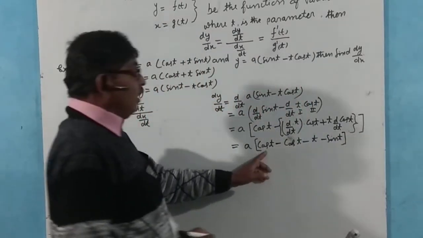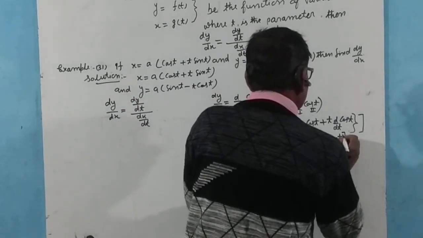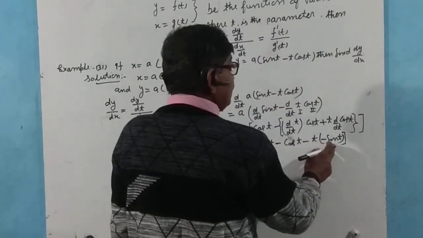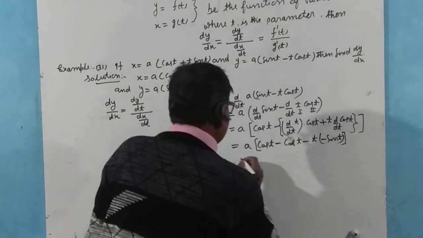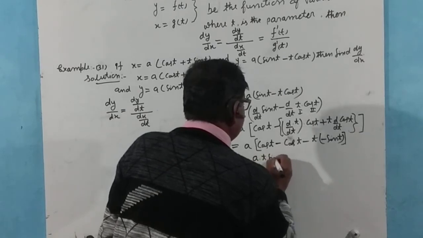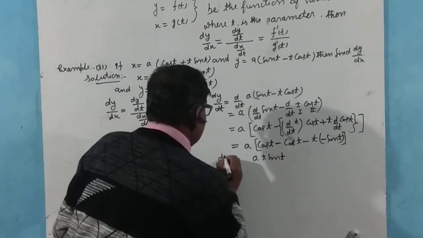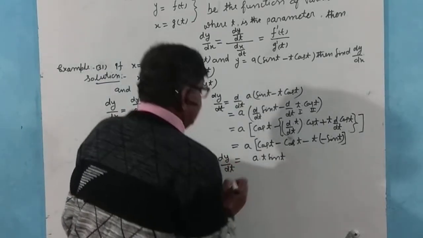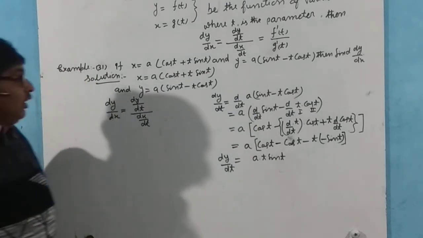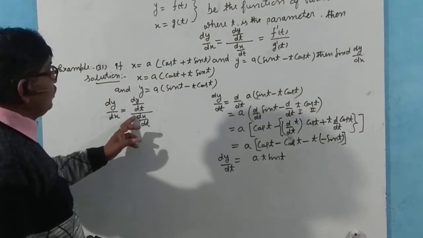The cos t and cos t cancel, and minus minus gives plus t sin t plus t sin t is a t sin t. This is the value of dy by dt: dy by dt equals a t sin t.